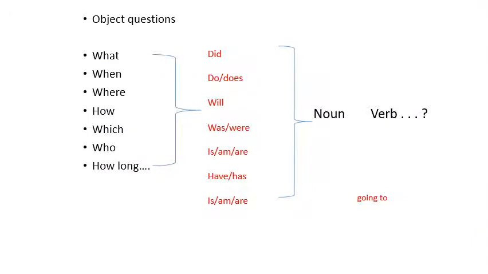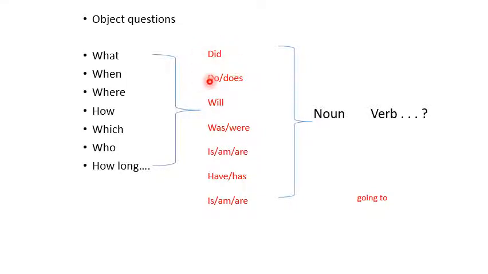So you have now different possibilities. In object questions, you have more question words to use. You can use when, where, how, also which, how long. And remember, we have different auxiliaries. We have do and did.